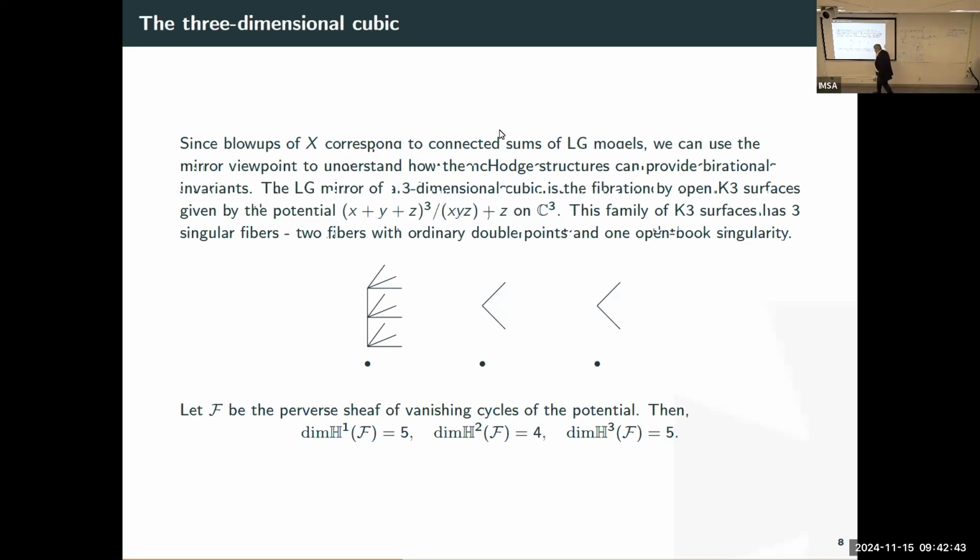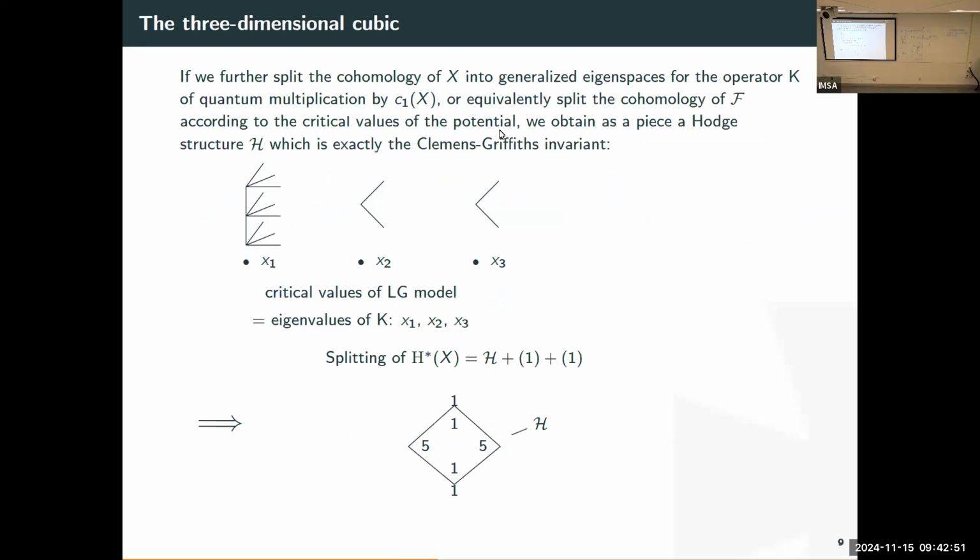So the information coming from the Landau-Ginzburg model mirrors indeed the information that you have coming from your initial variety.